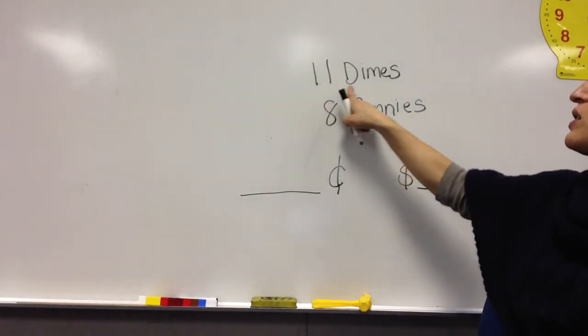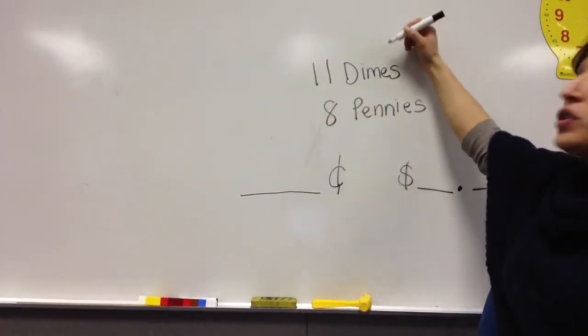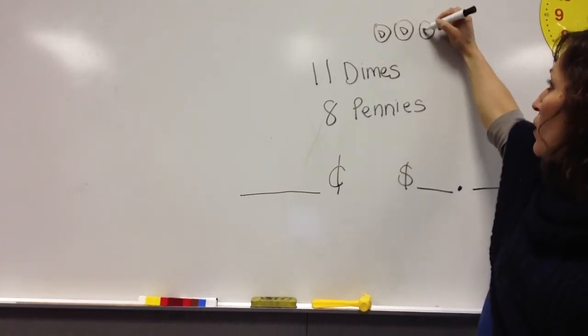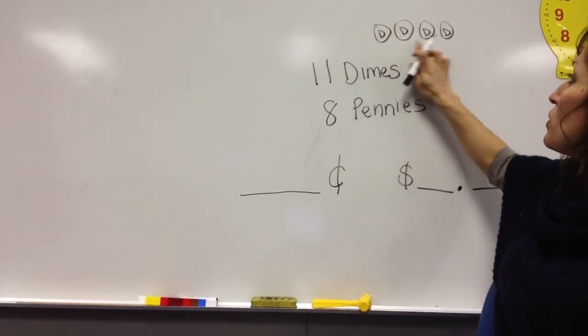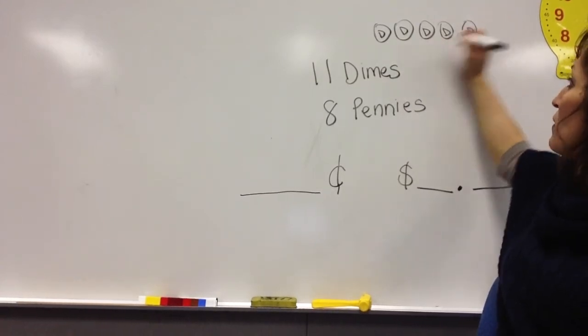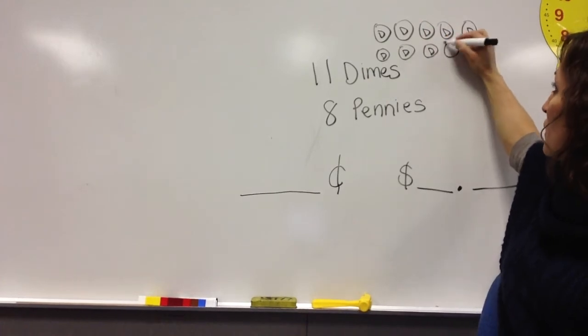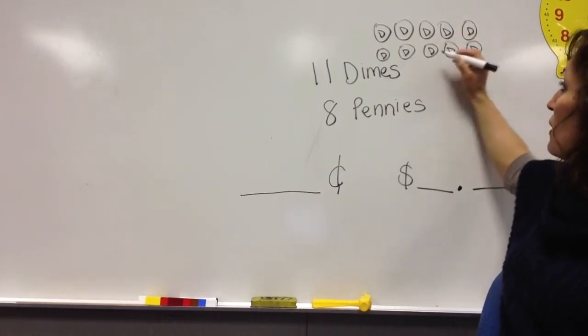So we know if he has 11 dimes, we could draw those: 10, 20, 30, 40, and so on, 11 dimes.